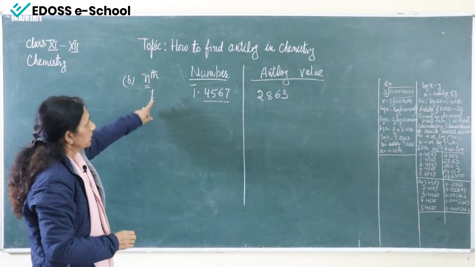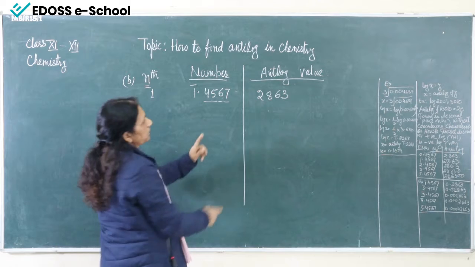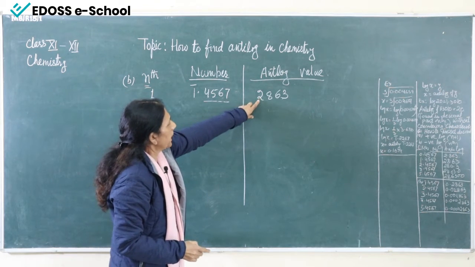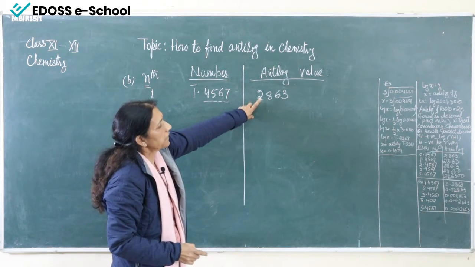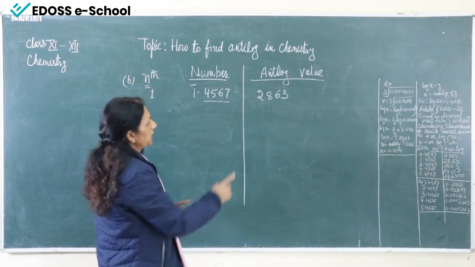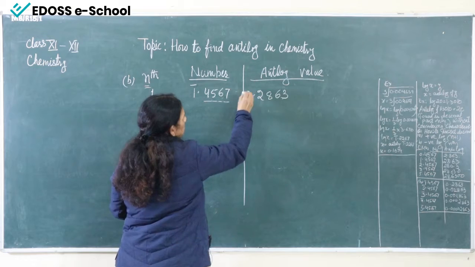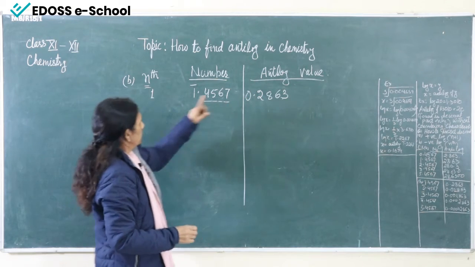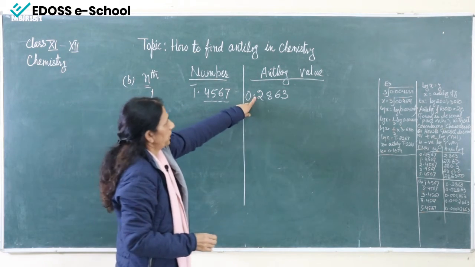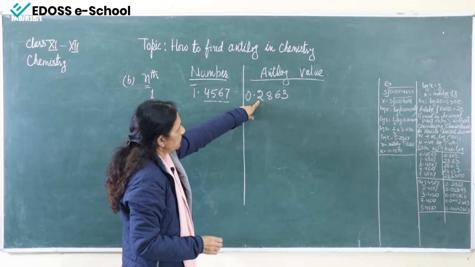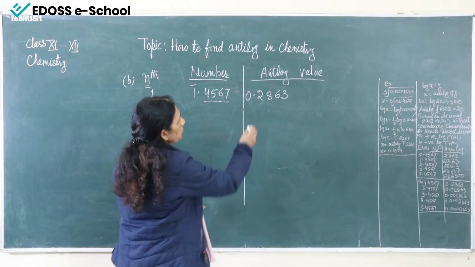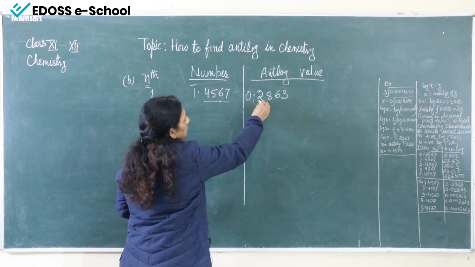That means you have to insert the decimal so that the significant number comes at the first place. So, I have to insert the decimal here, because the decimal should be placed in this way so that the significant number comes at the first place. Now, if I count from here, it is coming 1.